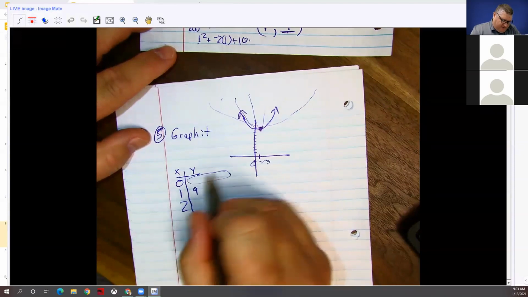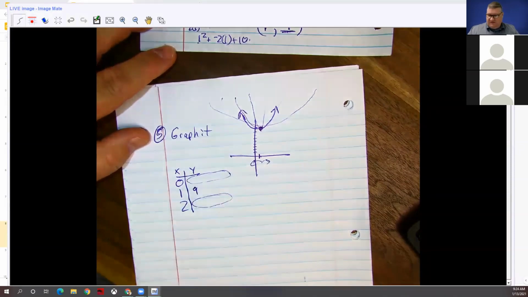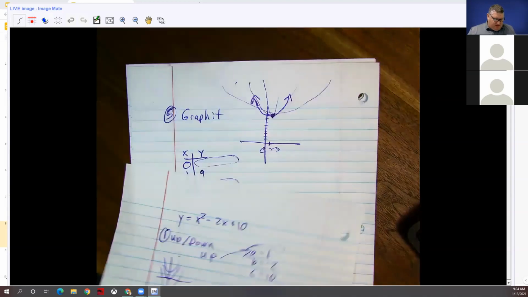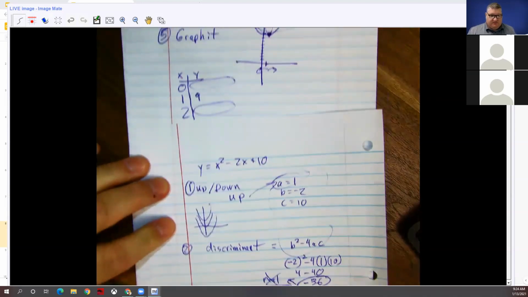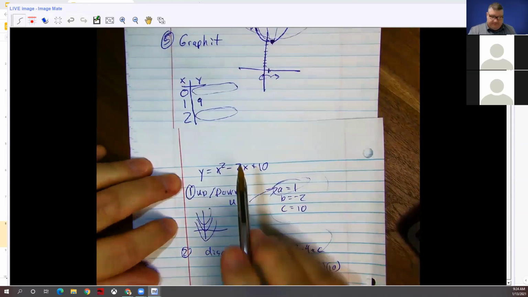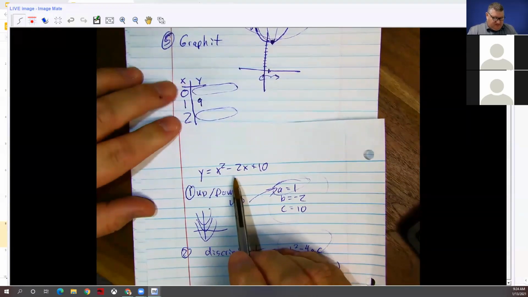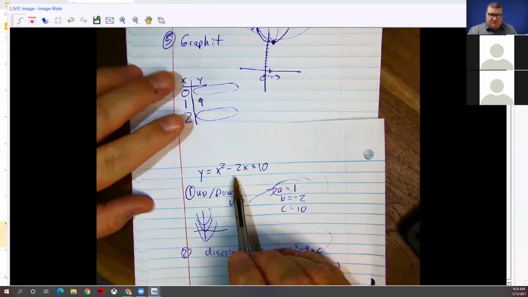I want everybody to find the answer for 0 and the answer for 2. Go. By the way, the equation is right there in case you need it. Same basic junior high algebra.